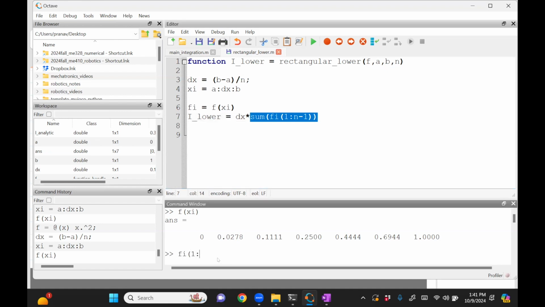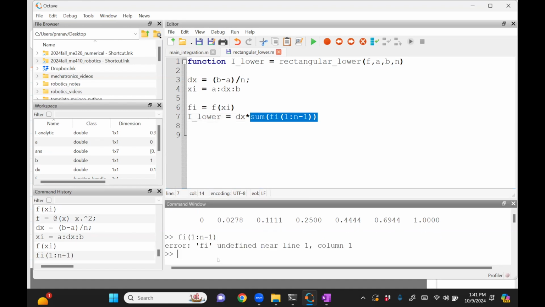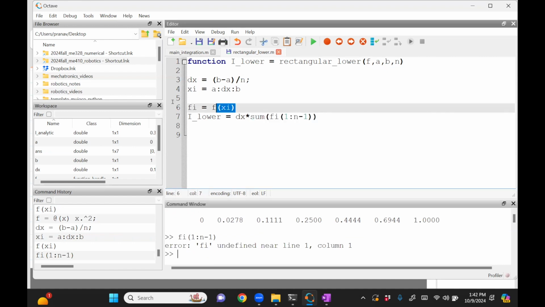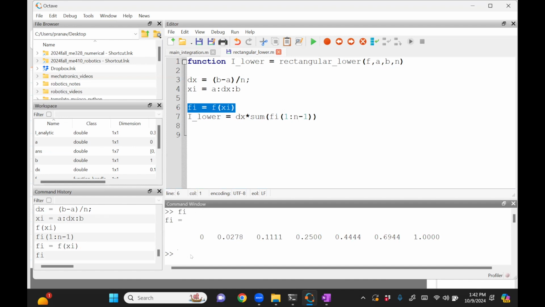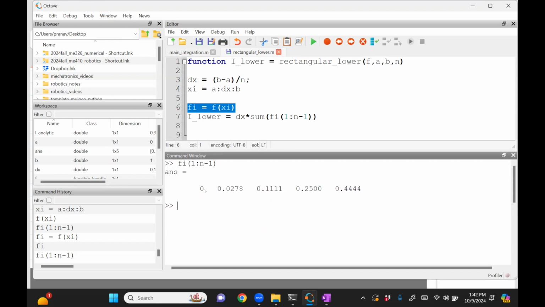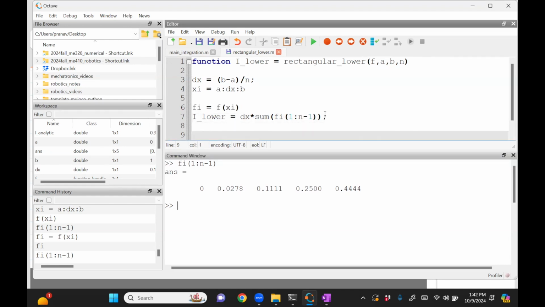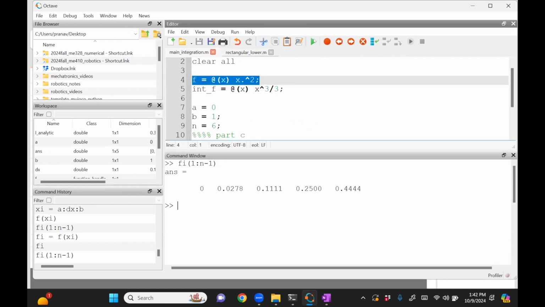Fi 1 to n minus 1. It's not defined here. So fi to n minus 1. Okay, so it is actually taking the values from 1, 2, 3, 4, 5. So this will work fine. Okay, so let's run this.